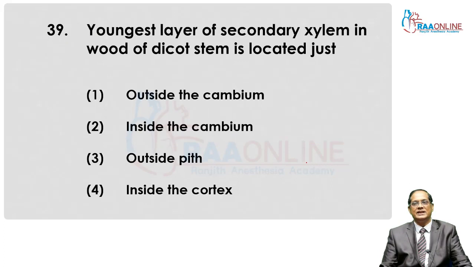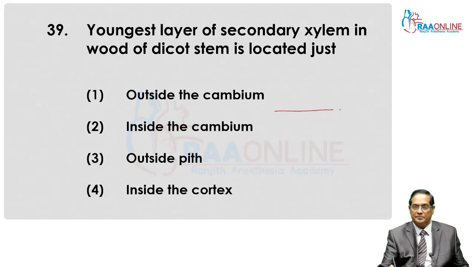Question 39: youngest layer of secondary xylem. This is cambium, or vascular cambium. Cambium forms secondary tissue on both the sides.